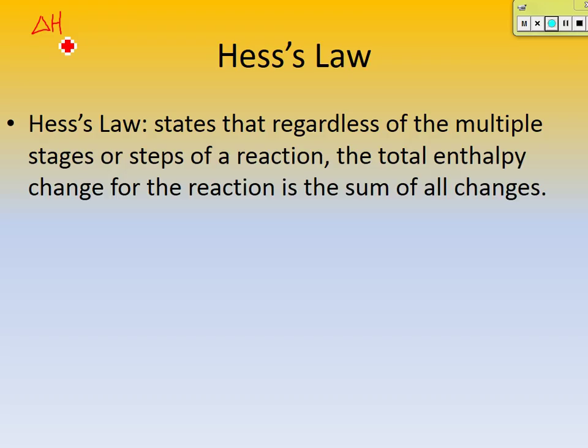Hess's law, here's the definition. It states that regardless of the multiple stages or steps of a reaction, the total enthalpy change for the reaction is the sum of all the changes.